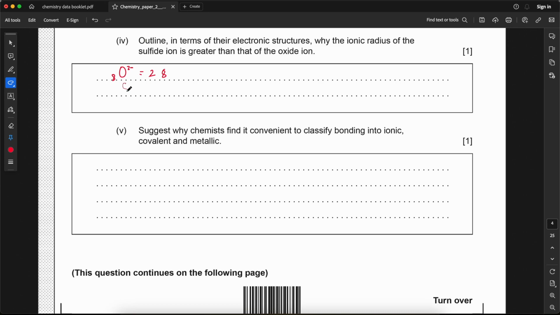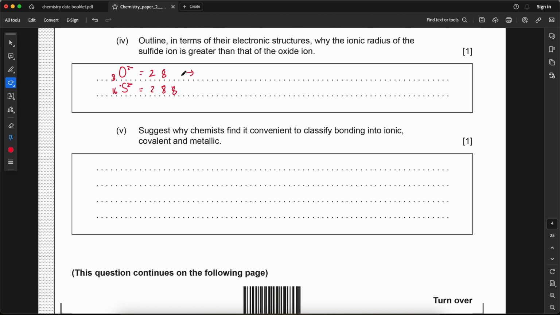For the sulfide ion, 16, 2-, because it gains 2 electrons and it comes from group 16. So that would be 2, 8, 8, because now the number of electrons becomes 18.